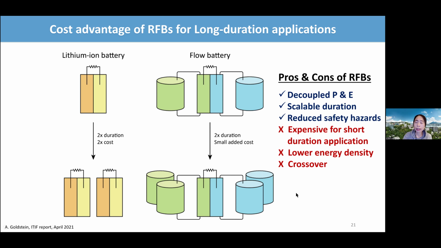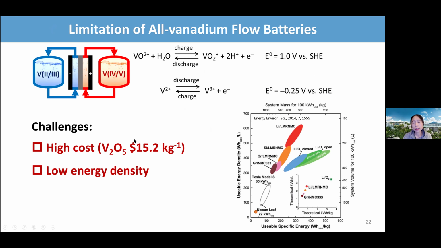And so right now the challenges for flow battery are several-fold. Essentially, we are looking at expensive electrolyte that needs to be replaced. So vanadium is the most commercially available and also most mature flow battery chemistry.